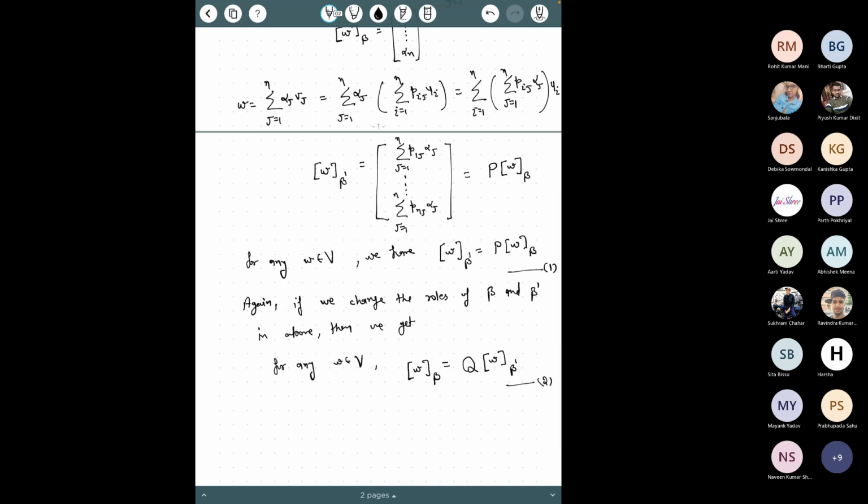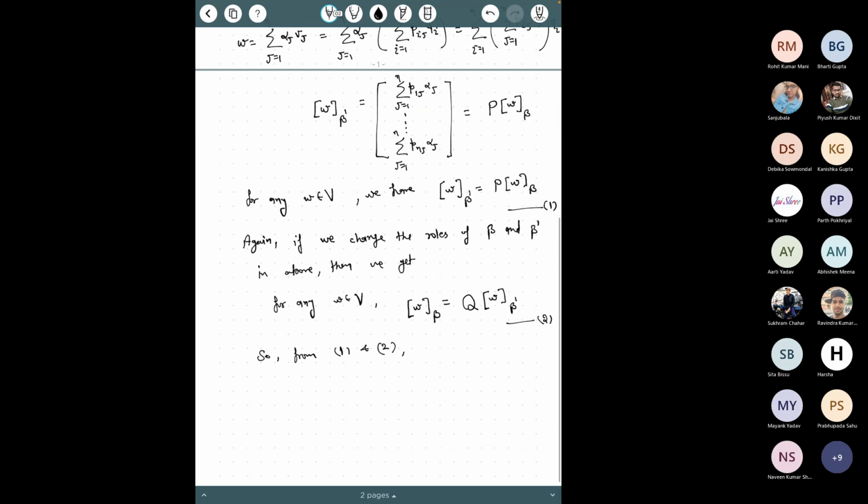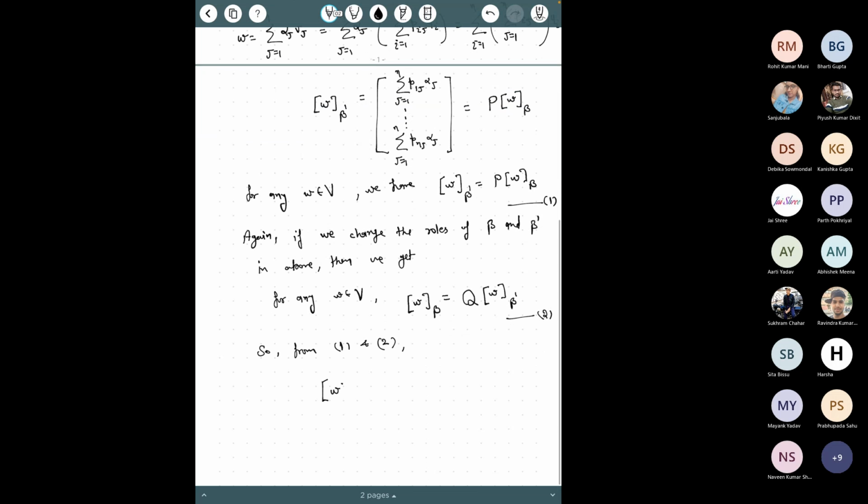So if you now look at equations 1 and 2, what can we say? From 1, the matrix of W with respect to B dash is equal to P times the matrix of W with respect to B, but I know what that is. The matrix of W with respect to B is just Q times the matrix of W with respect to B dash, right?